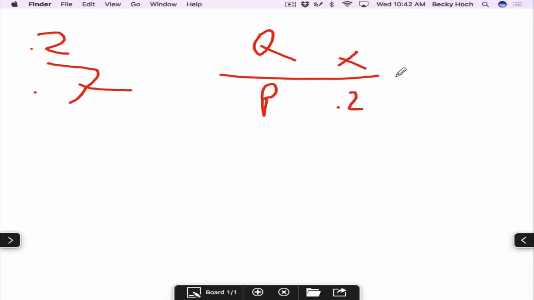Is it quantity over price or price over quantity? Quantity over price. So if it's quantity change over price change, and our price change is 20, our quantity change is our X, and the whole thing is equal to 0.2.